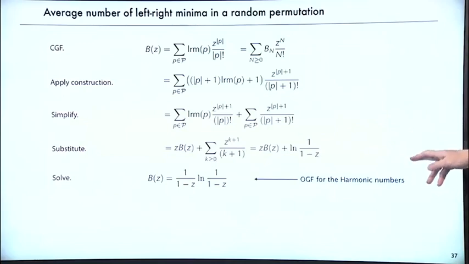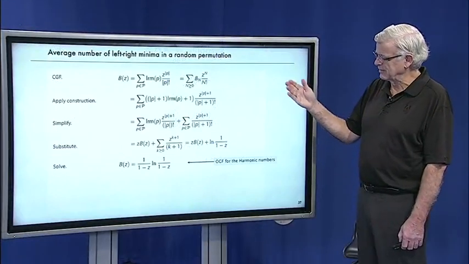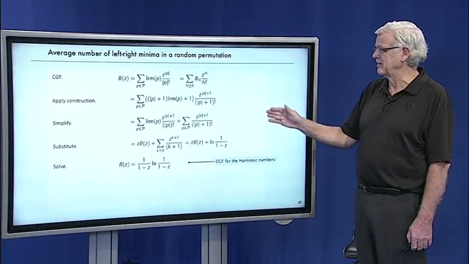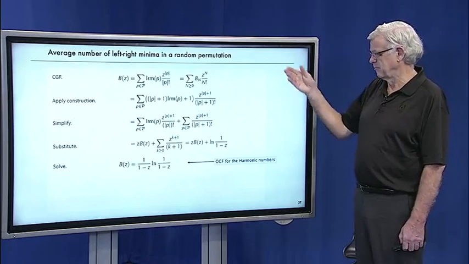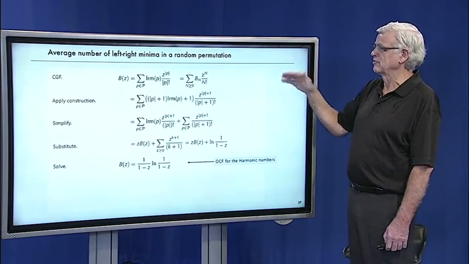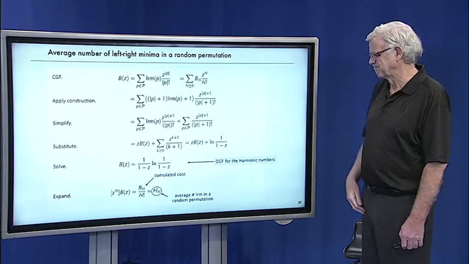And remember, that's the ordinary generating function for the harmonic numbers. And remember our trick for permutations, if we just extract the coefficient of z to the n in that, then we get b_n over n factorial, which is our average number of left-right minima, and it's just the harmonic numbers.